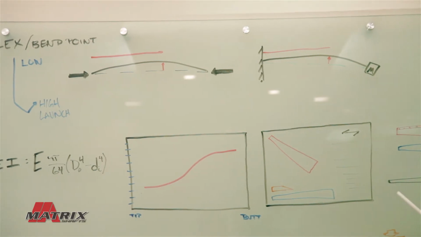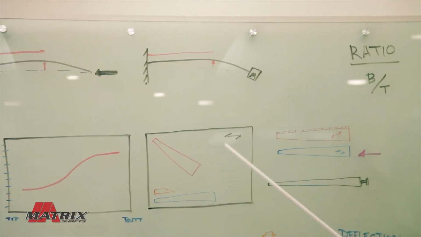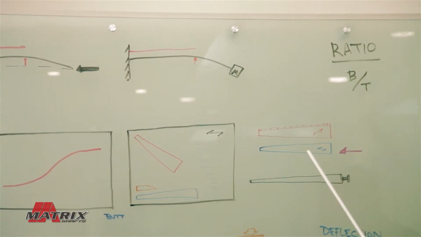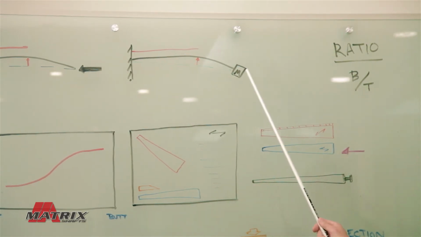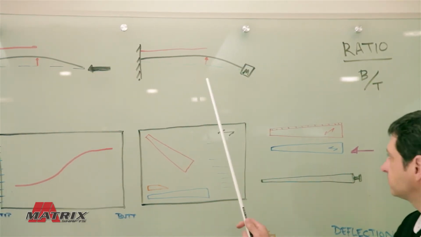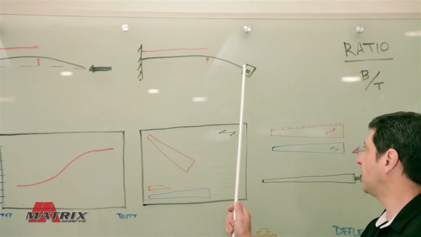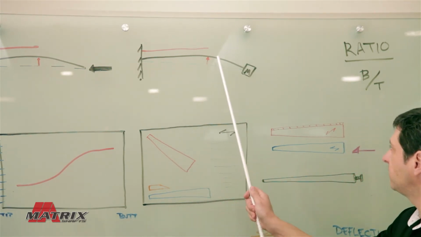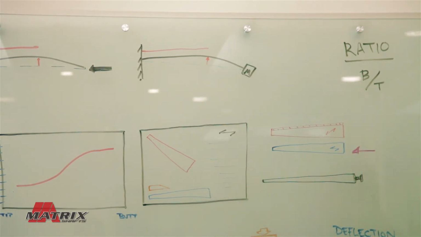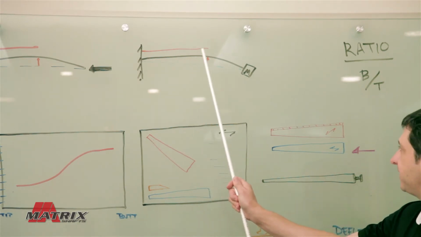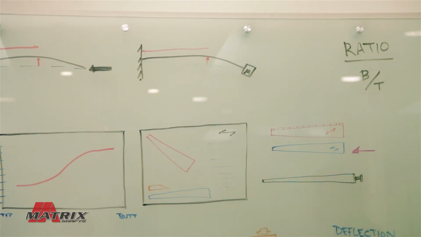Another way to do it is to use a cantilever method where you clamp the butt end, put weight on the tip, draw a line from the tip to the butt, and find the maximum deflection at that point. Again, you can locate your kick point.